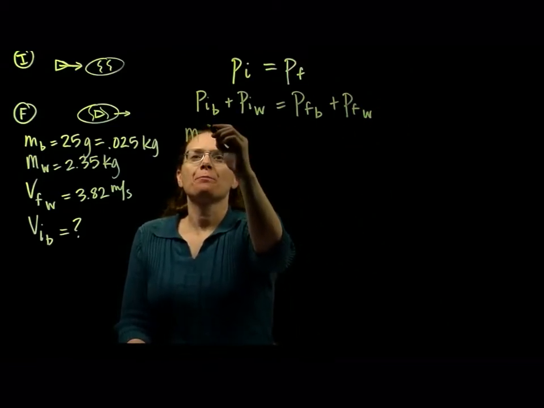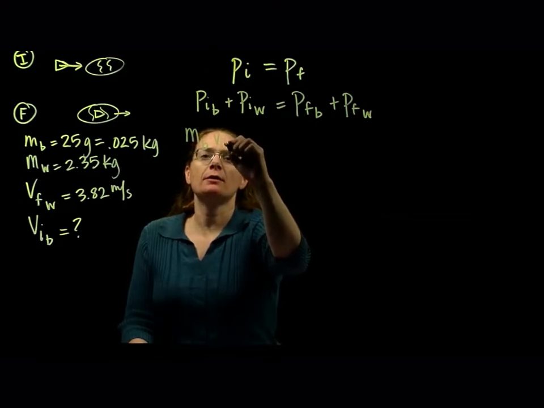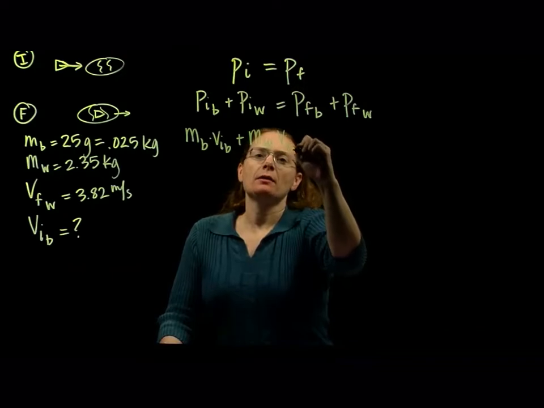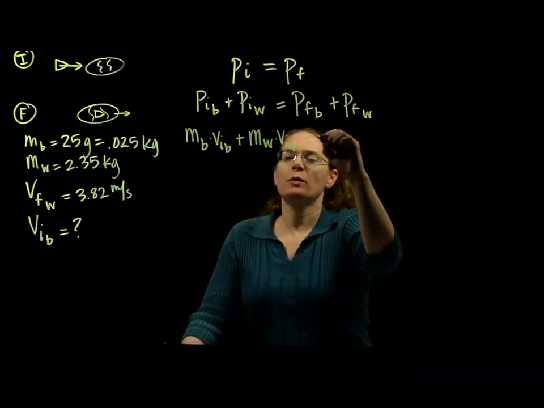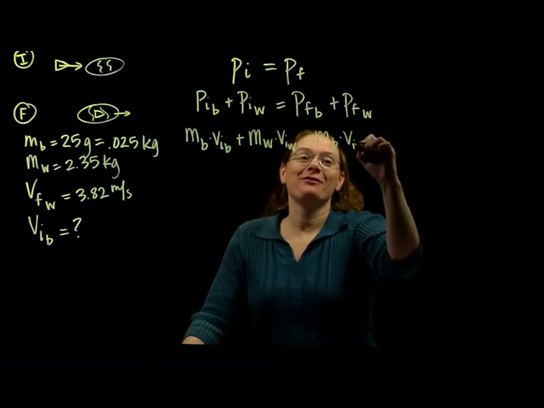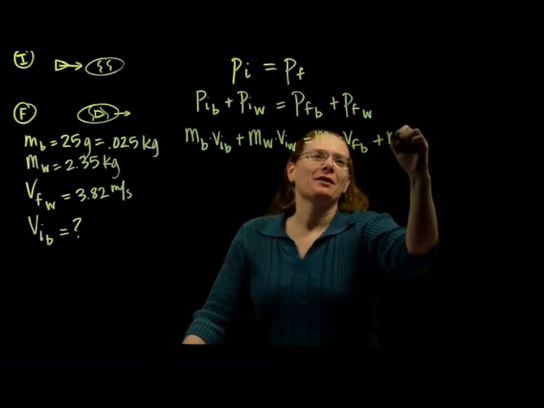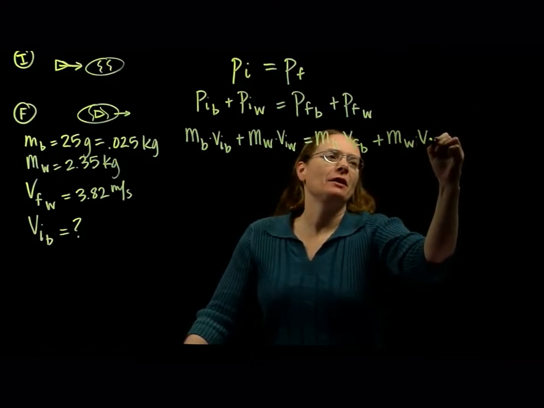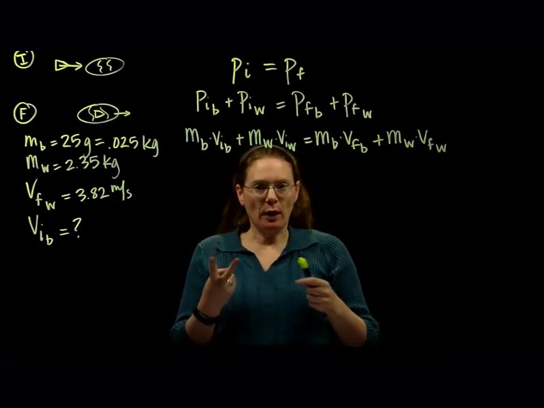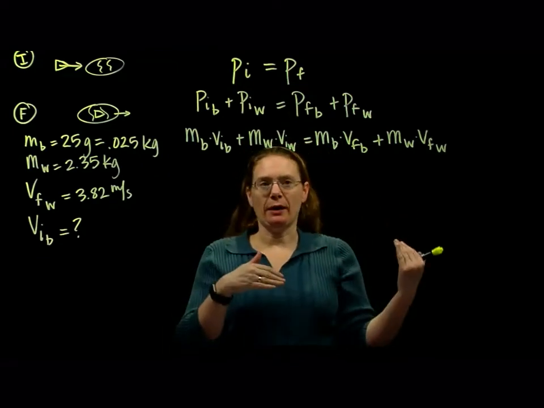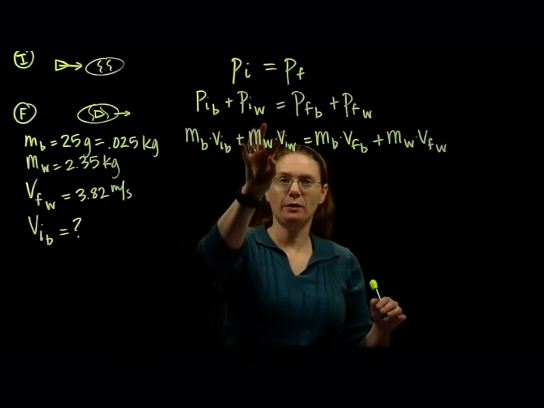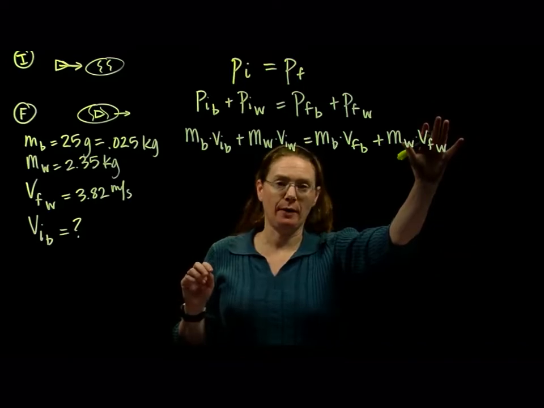So this will be the mass of the bullet times the initial velocity of the bullet, plus the mass of the watermelon times the initial velocity of the watermelon, equals the mass of the bullet times V final bullet, plus the mass of the watermelon times V final watermelon. It's really hard to keep track of all these subscripts. So we have two objects, and both initial and final, which means we have four terms to take care of: bullet initial, watermelon initial, bullet final, watermelon final.